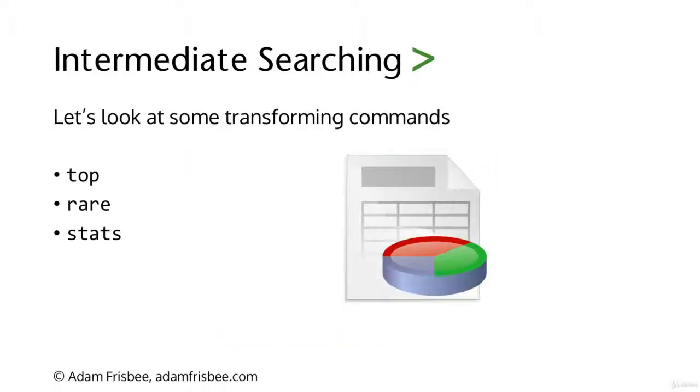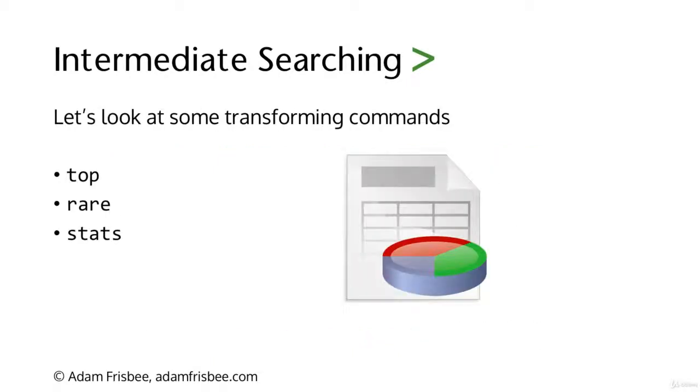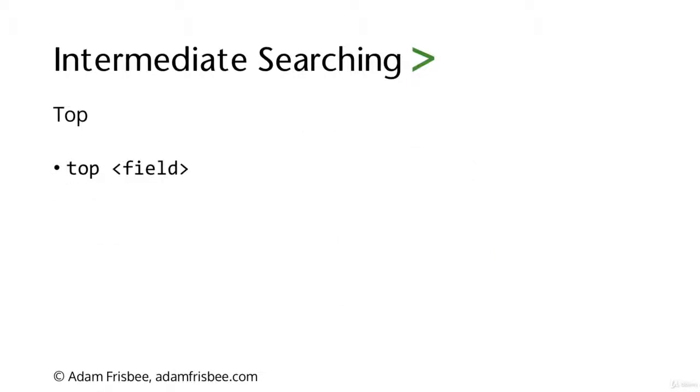The most popular transforming commands, and remember that happens under the commands, so the second step, are top, rare, and stats. For the top command, the syntax is top and then a field. Remember, it comes after the pipe.